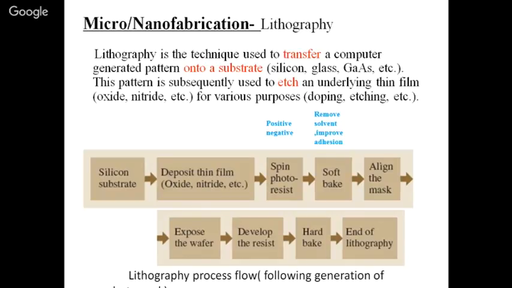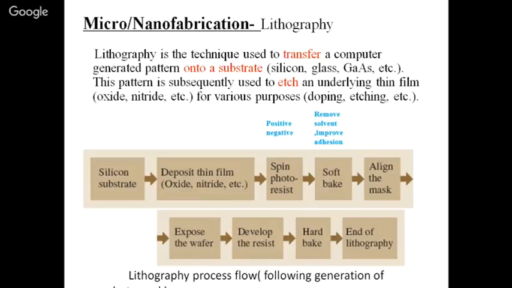Lithography is used to transfer a computer generated pattern into a substrate, silicon, glass, gallium arsenide, etc. And this pattern is subsequently used to etch an underlying thin film, oxide, nitrides, etc., for various purposes, say doping and etching.